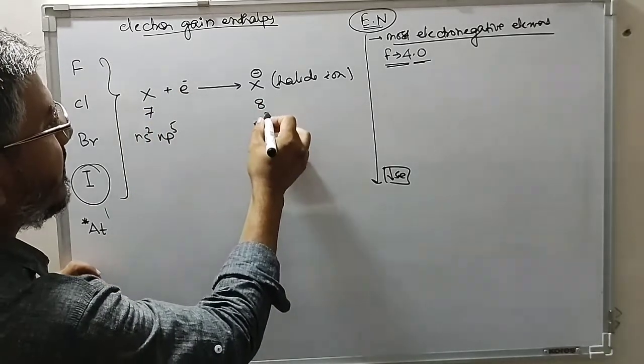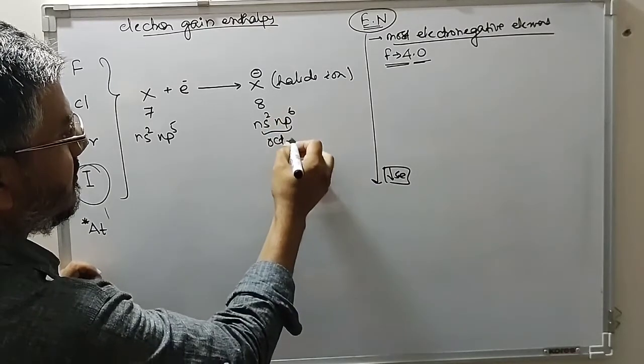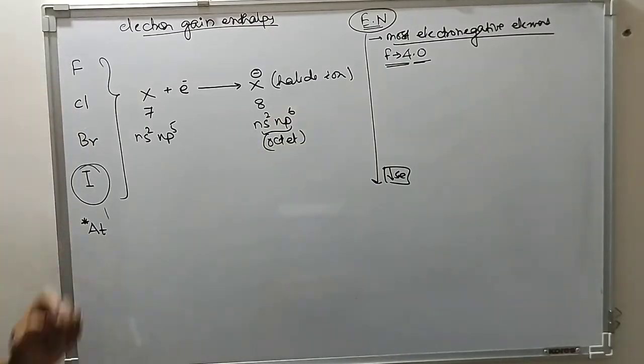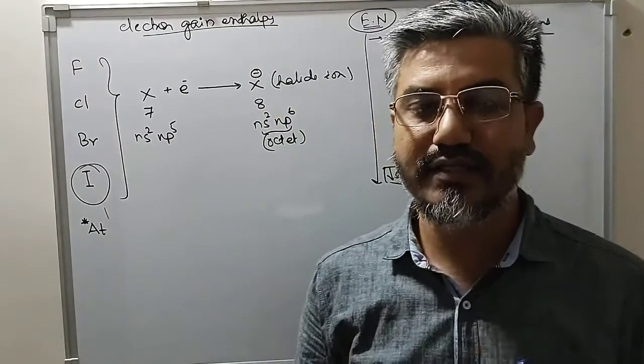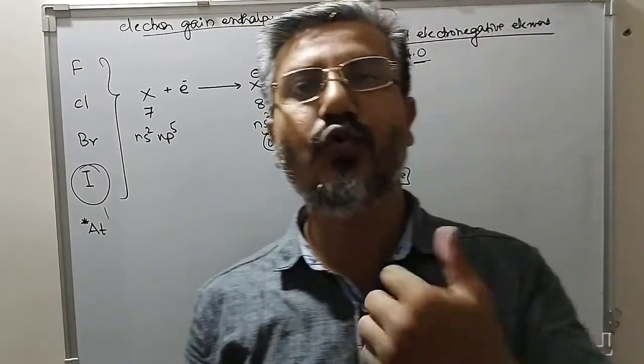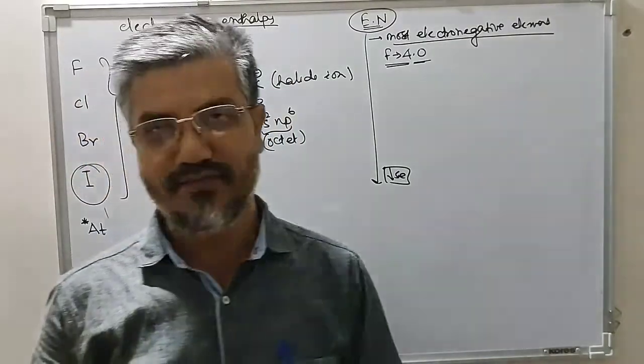So we have ns2 np6, so we have the octet complete. Since these elements have a strong tendency to acquire one more electron to complete the octet, they acquire the configuration of the next noble gas.